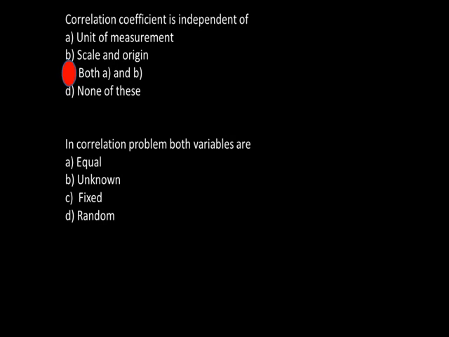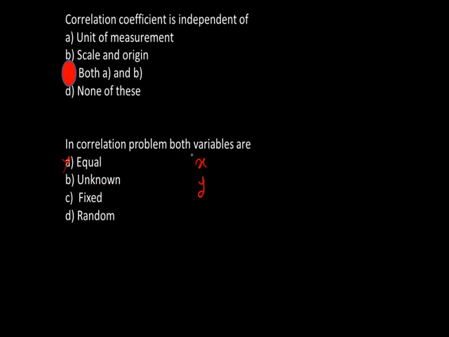Now next: in correlation problems, both variables are what? Look at the options: equal, unknown, fixed, random. Remember that when we have to find the correlation coefficient, the values of x and y are given, and they can take any value. So the option equal is discarded.